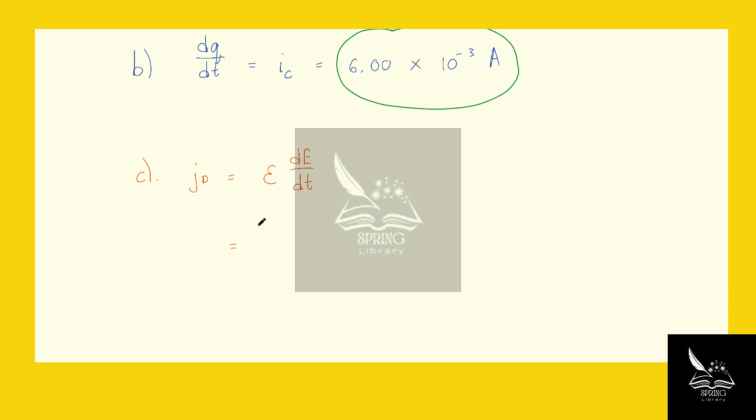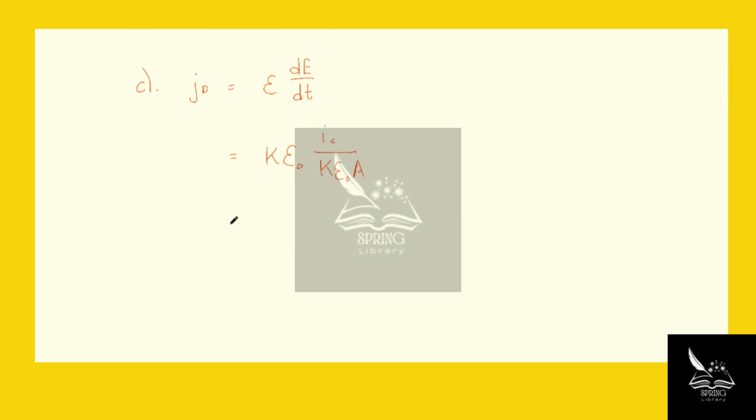So we can write this as K times epsilon naught times the conduction current IC divided by K times epsilon naught times the area A. So this is in fact the conduction current IC divided by the area A.